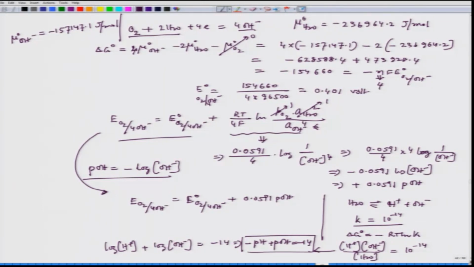Since this is nothing but minus pH, this is nothing but minus POH. So, POH becomes 14 minus pH.